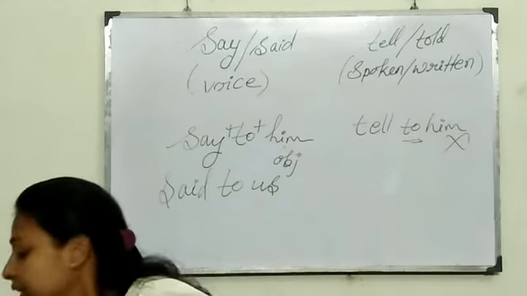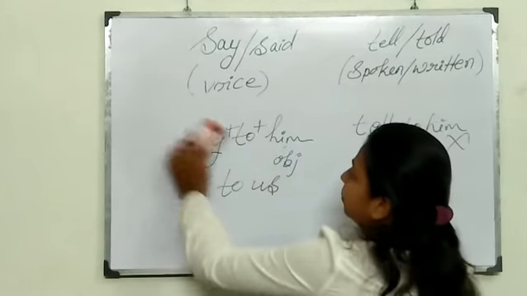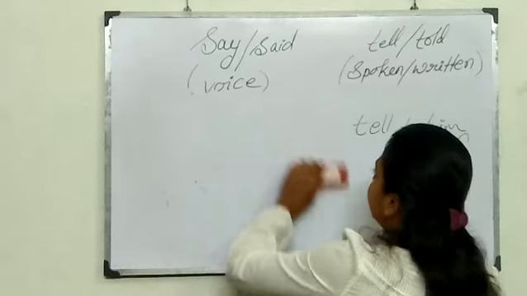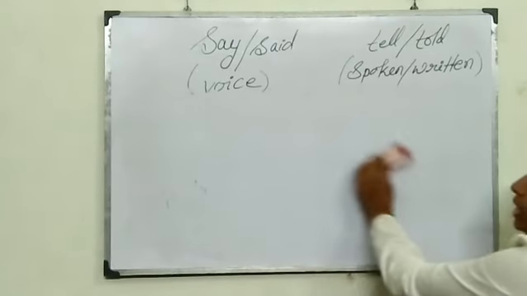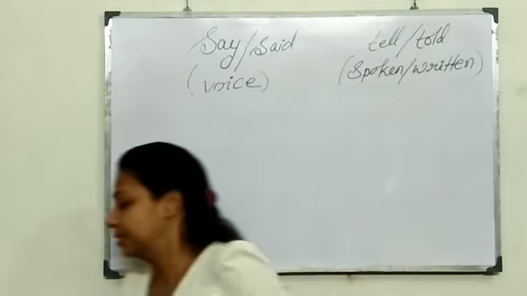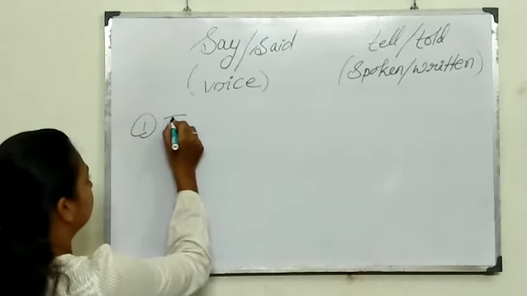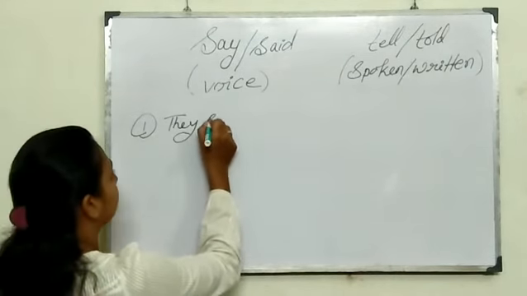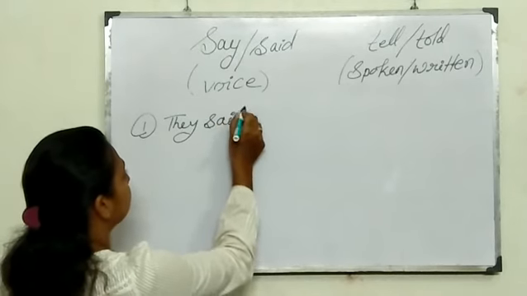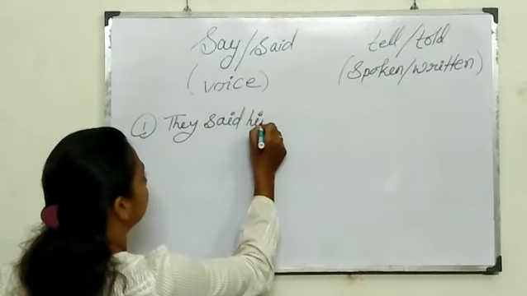So for this particular piece of information, I would like to give you a list so that the concept becomes clearer and easier for you to understand. Like number 1, they said him.